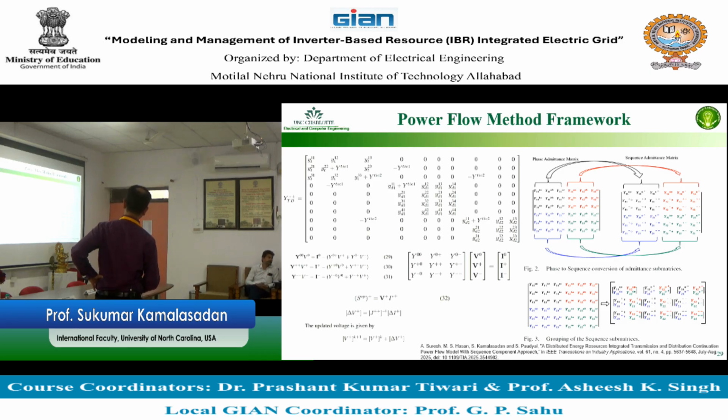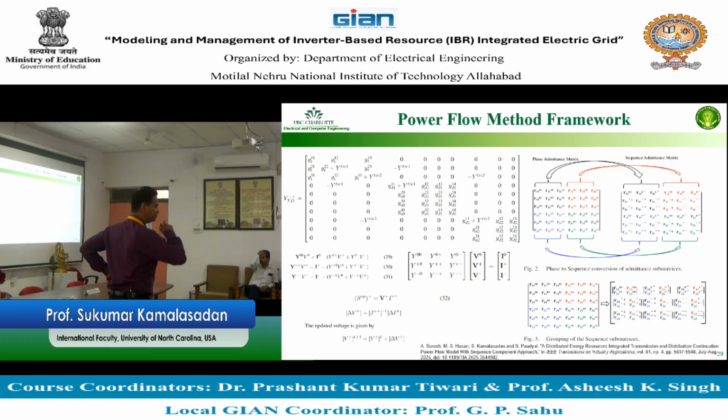You can do only the positive if you don't care about negative, and if you do the negative, you add it, or you can do the zero. If you look at it here, this is a per-phase admittance matrix. You translate that into the sequence.